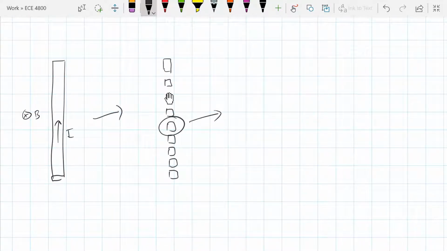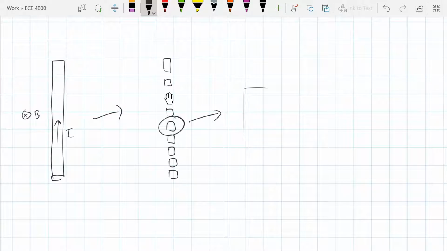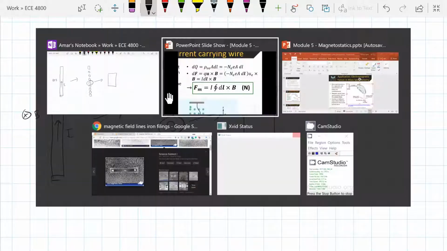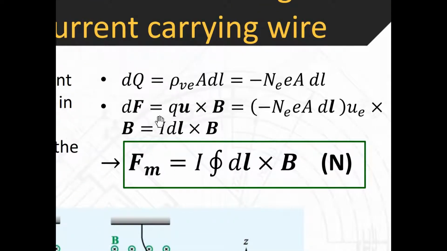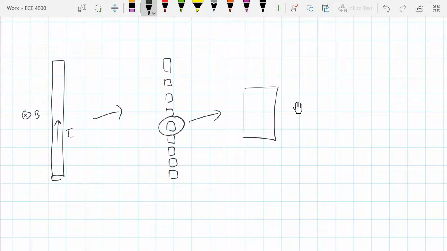each one of these chunks, we'll draw this, has a certain amount of charge in it. Okay, we call this dq, right? That's the amount of charge in there. The amount of charge is equal to rho_ve times A times dl. Let's look at why that's the case.